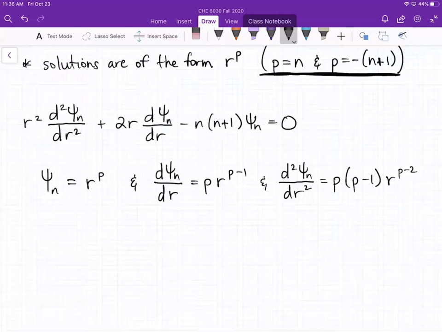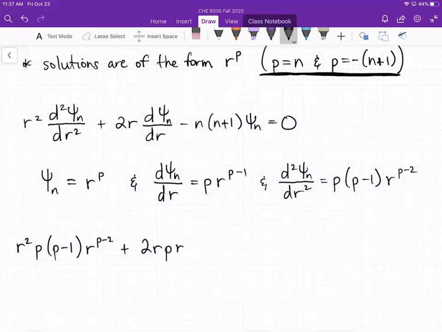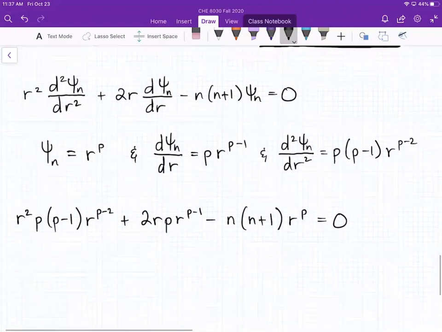When I do that, I should end up with the following equation. Now let me simplify that equation a bit.